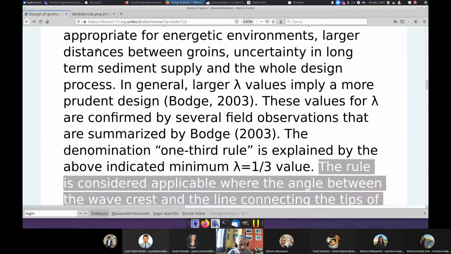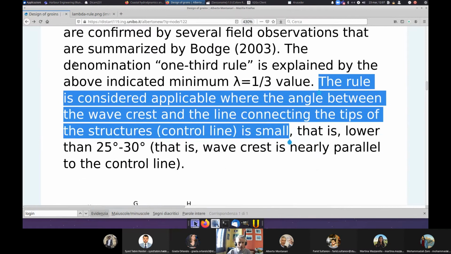Now let's look here. The rule is considered applicable when the angle between the wave crest, the dominant wave crest of course, and the line connecting the tips or heads of the structures, the control line, is small, which means that what you should do is to displace the control line as parallel as possible to the dominant wave crest.